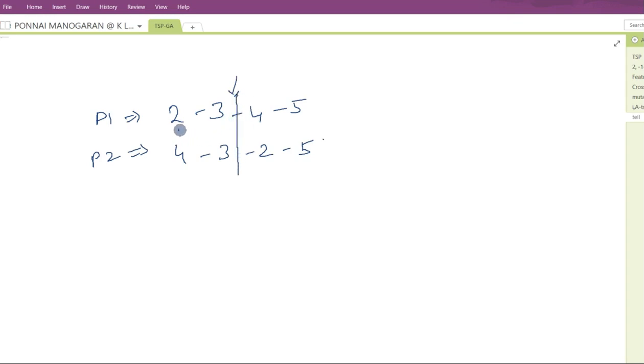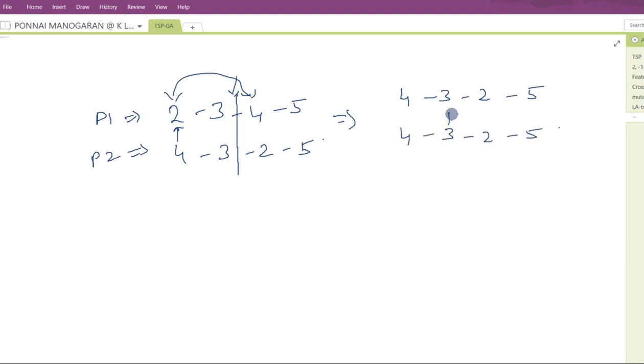So let us perform the crossover and transfer, just like we have discussed earlier. You have to swap with this, and therefore what you will get is 4, 3, 2, 5, and here also 4, 3, 2, 5.